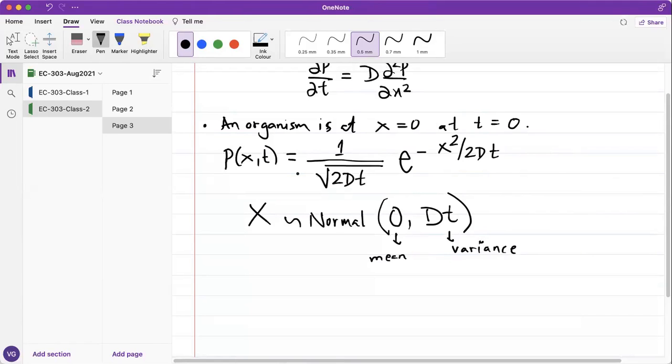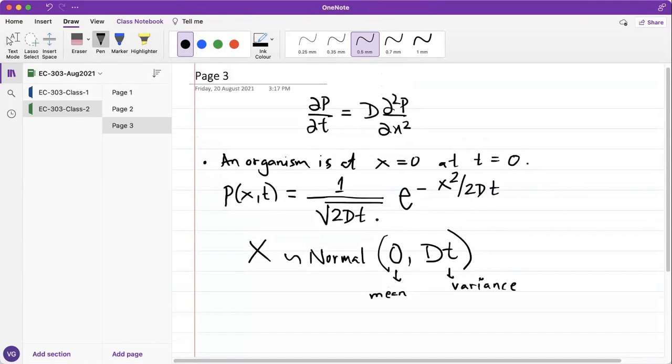This is an exact, analytical solution. If you want to check, you can just insert this back in your equation and verify. I'll leave it as an exercise. To prove and derive this is a fairly mathematically involved thing, which I will not do here. So this is the solution of the diffusion equation for this specific initial condition.